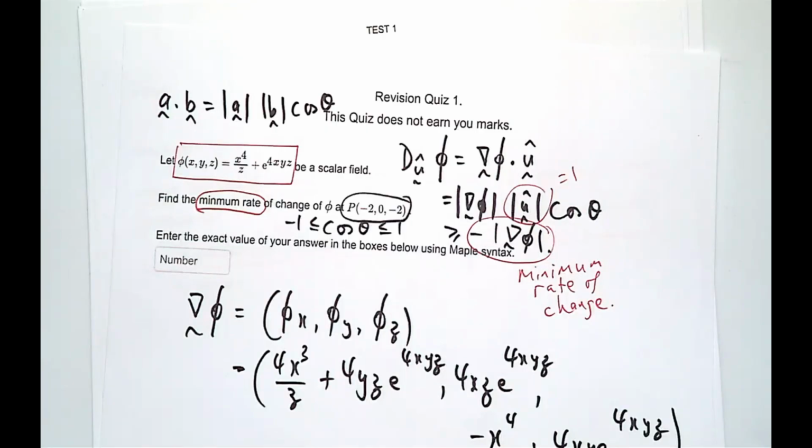So this at best gives you a minimum rate of change. You can get a maximum rate of change. The actual true rate of change is somewhere in the middle. You don't know what it is because the direction's not specified.